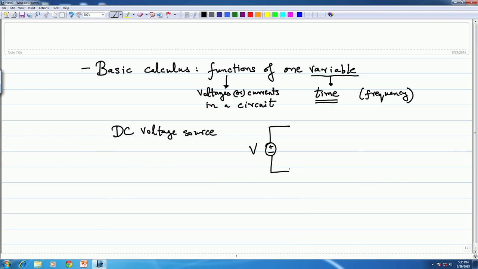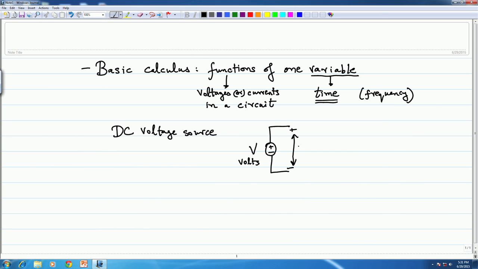So, this is a typical notation, and this V in volts is the value of the voltage across these two terminals. So, what does this mean? This means that if you measure the potential difference between these 2 points, you are going to get V volts as the answer, and that is going to be a constant for all time. That is the definition of this voltage source.